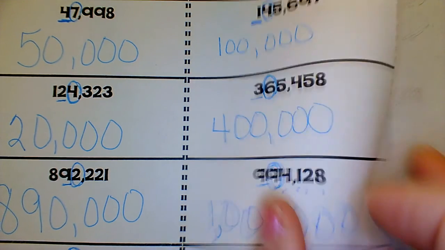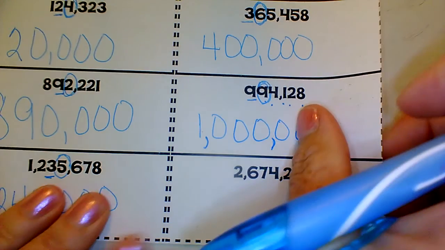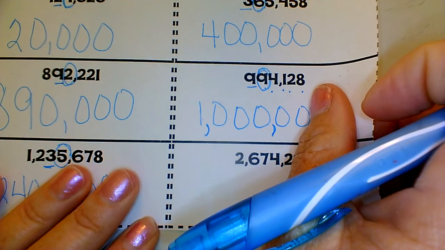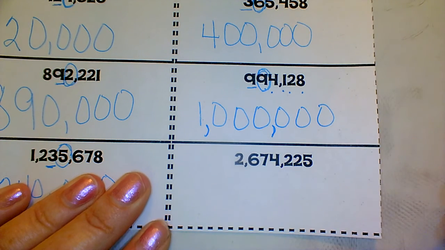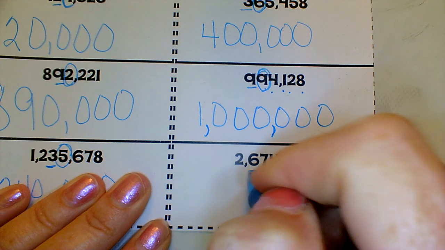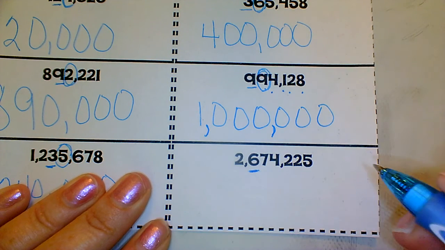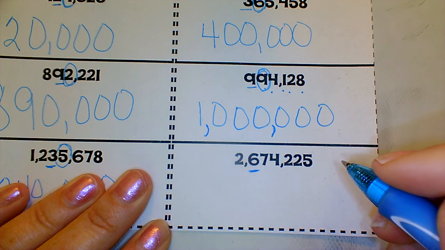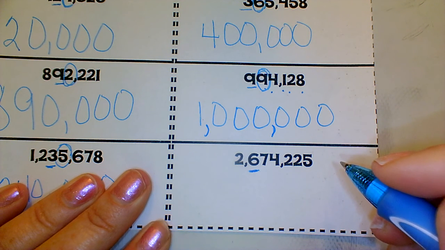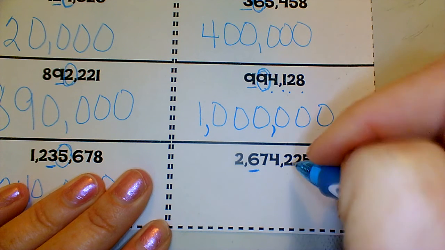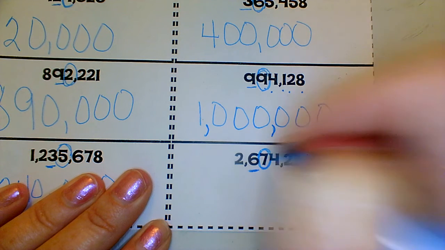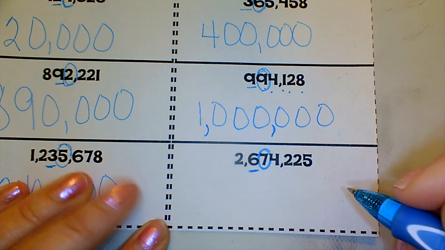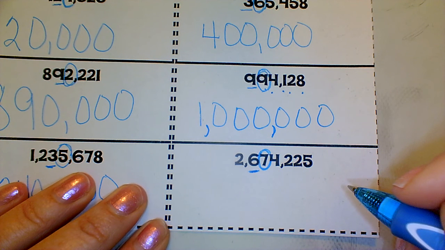All right, last one. Let's see if we can get this challenge. What digit gets underlined, William? The 6. What digit gets circled, Ramsey? Try again. Okay. Davy, what does the 7 tell us to do to the 6? Round up.